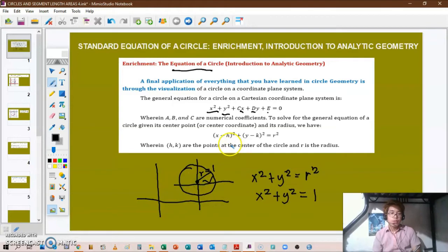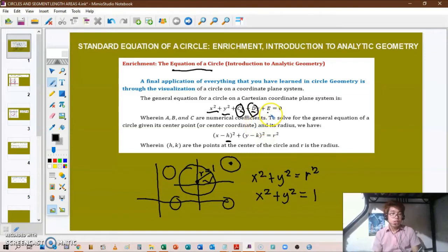But if for example it's on a different quadrant, here or here, or let's say the center is not at the origin of the coordinate plane system, therefore we're going to have to solve for a binomial. So that's how the cx and the dy originate from the equation.